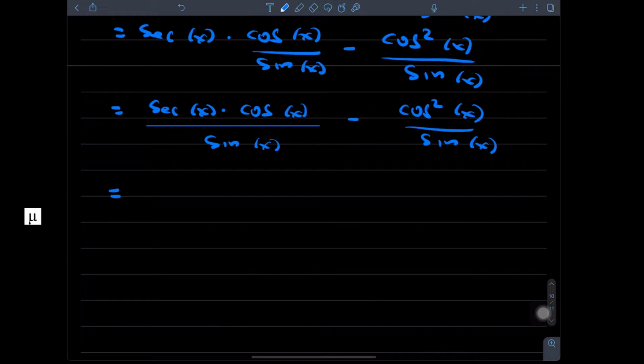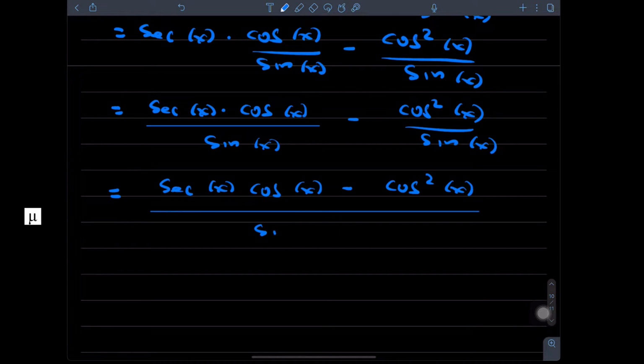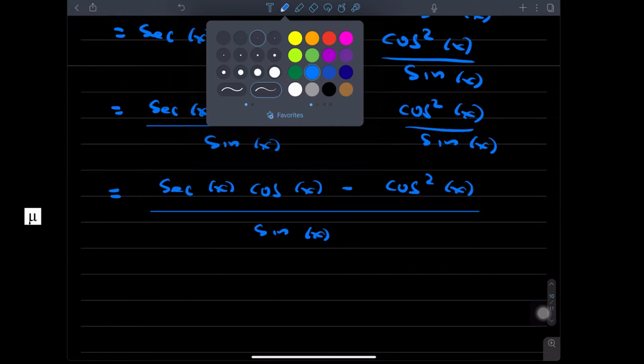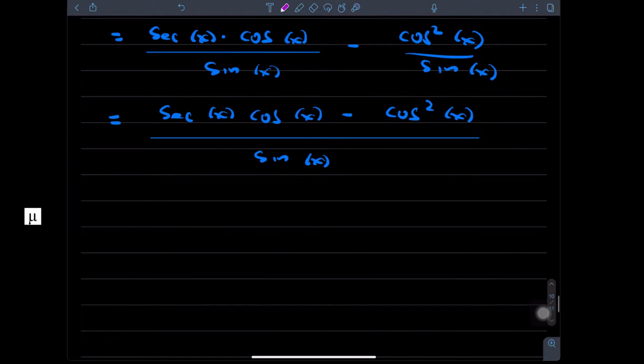Now, remember, if you ever have a difference with the same denominator, what does that mean? Do you guys know? You're really subtracting, right? Let me say that again. Remember how you subtract fractions?